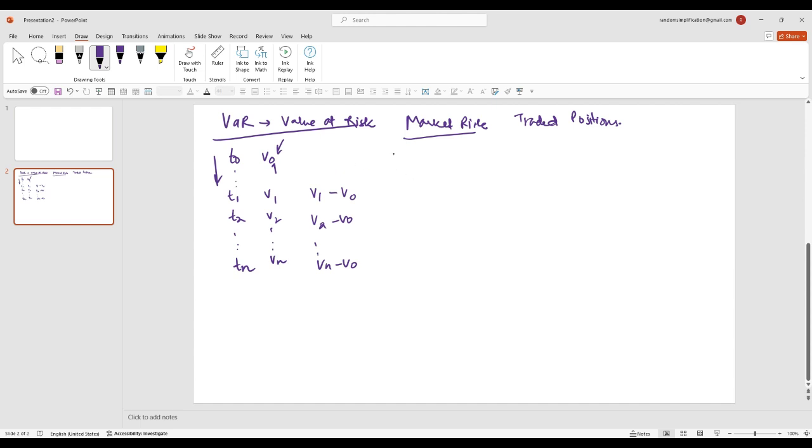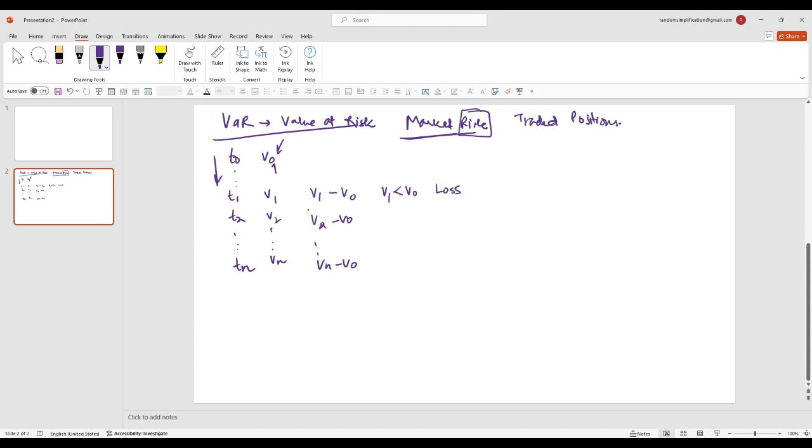Now, when we talk of risk, what we are typically interested in is what are those scenarios or situations under which this value will be negative, i.e., V1 is less than V0. That's when you will make a loss.